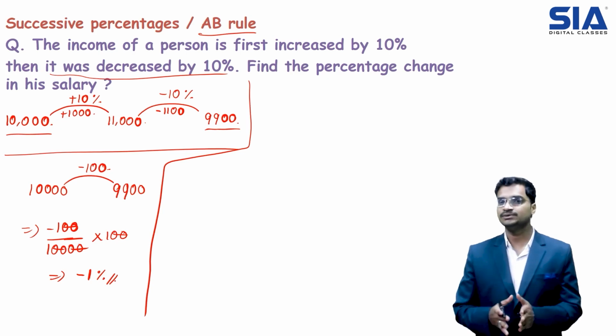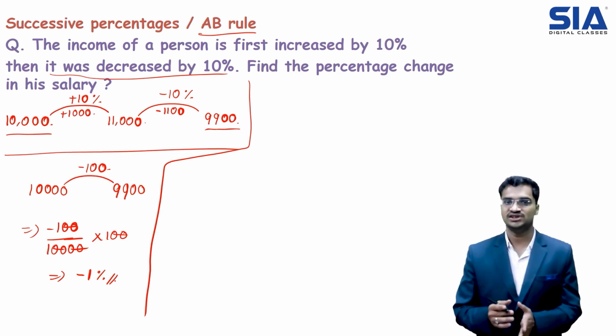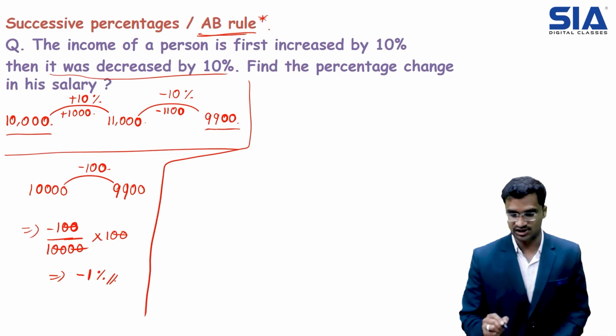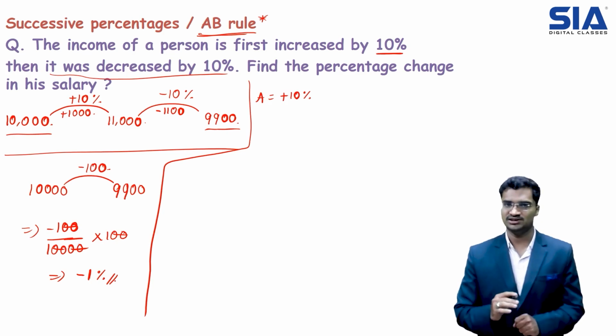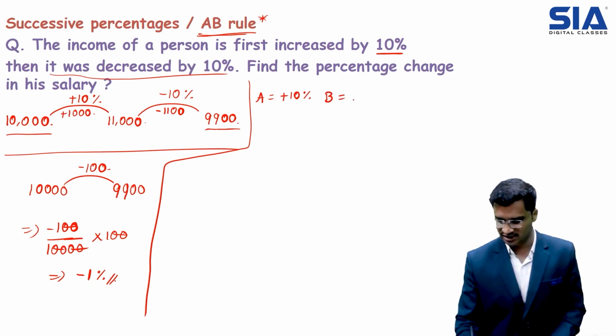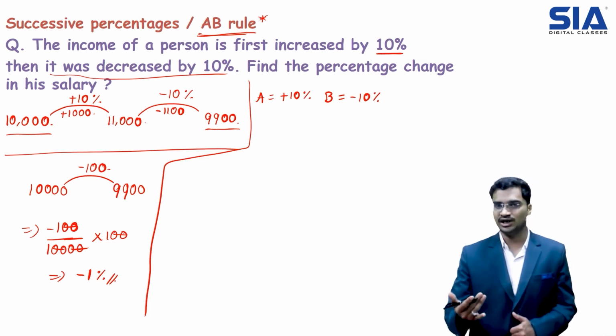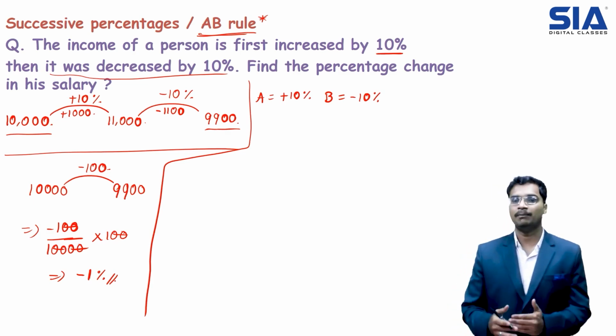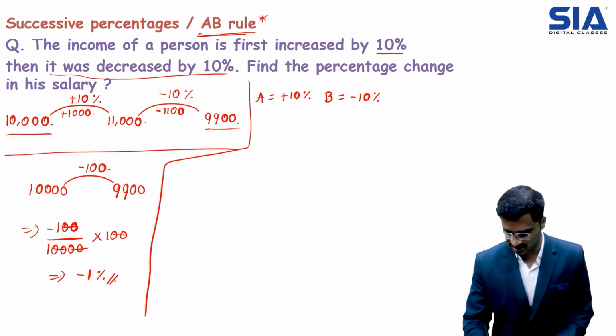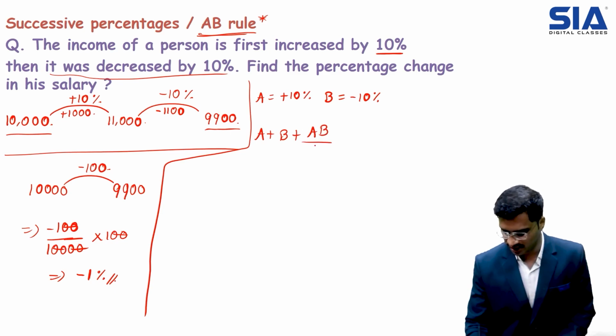Now we can solve this particular question in another way, which is the AB rule. First of all, his salary is increased by 10%. So let us assume A is equal to plus 10%. Then his salary has been decreased by 10%. So B is equal to, whenever there is a decrease or decline, we have to write it as minus 10. The AB rule says A plus B plus A into B by 100.